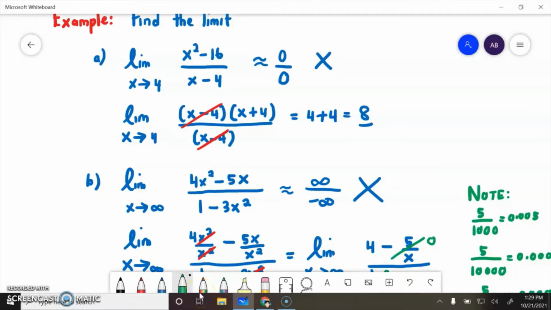So what do you do? You need to factorize, whether in your numerator or denominator.